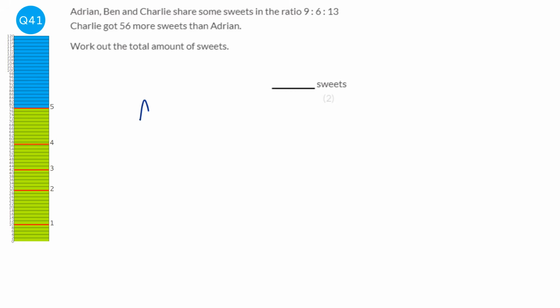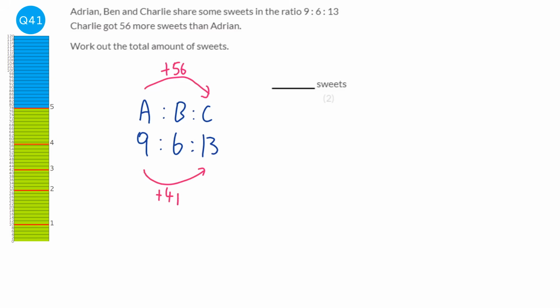So this question says that Adrian, Ben and Charlie have some sweets and the ratio of Adrian to Ben to Charlie is 9 to 6 to 13. But it also says that Charlie got 56 more sweets than Adrian. Well, looking at the actual parts of the ratio, there are 4 more parts.